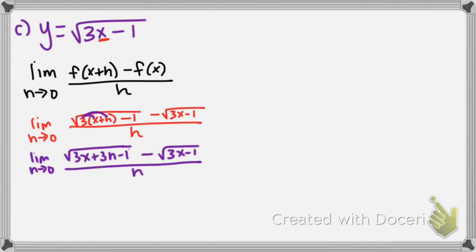And from here, we can sub in h equals 0. It's a limit. Let's try the limit. So if I sub in h equals 0, on the top we get root 3x minus 1, because this will be 0, minus root 3x minus 1 all over 0, and that's 0 over 0. Indeterminate.